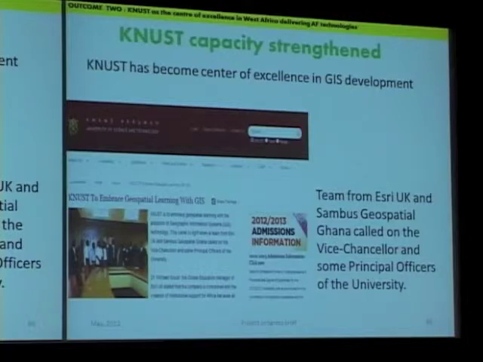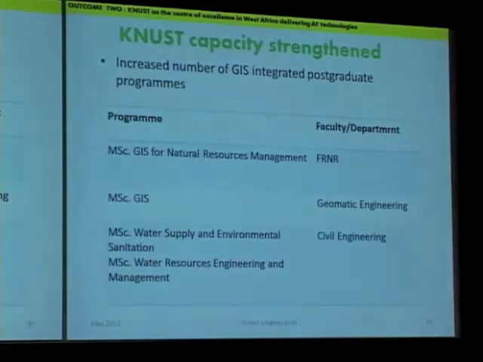This is KNUST as a center of excellence with GIS supplies and an increased number of GIS integrated postgraduate programs. Because of the GIS, we now run MSc GIS for natural resources at FRNR, MSc GIS geomatic engineering, MSc water supply and environmental sanitation, MSc water resources engineering and management. These are all in civil engineering.